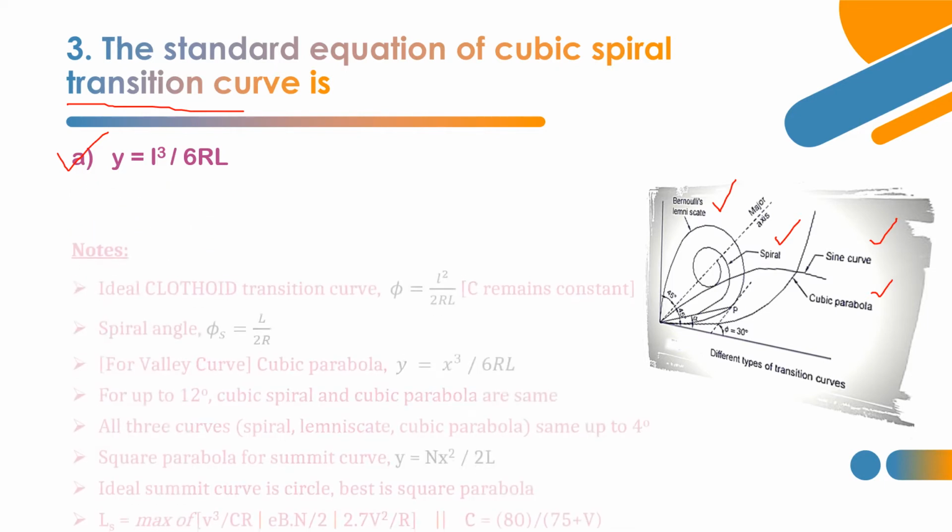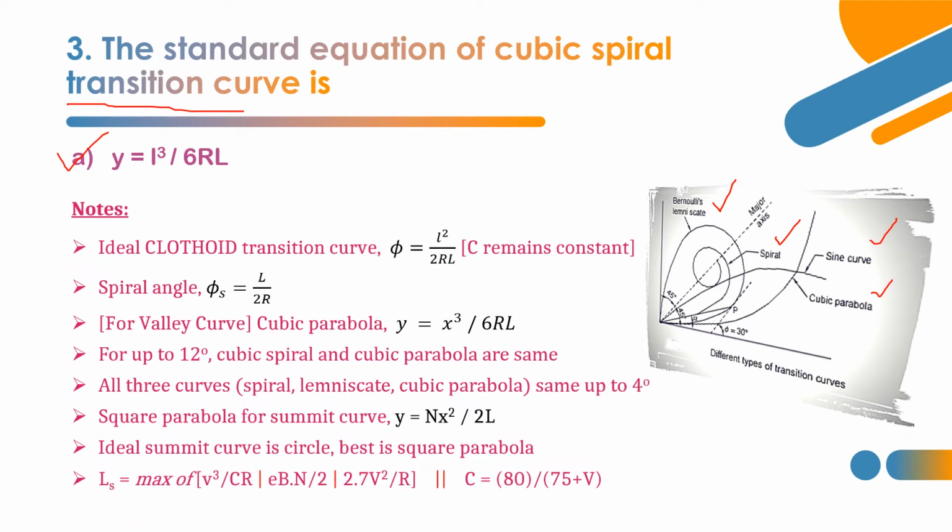Now let's see more about the other curves. Actually, for transition curve, the ideal curve is clothoid, or we can say spiral. For the spiral, the equation goes like this: phi is equal to L square by 2 pi RL. Phi is nothing but the angle. This angle they are denoting. Phi is equal to L square by 2 pi RL. Why is the ideal transition curve clothoid?